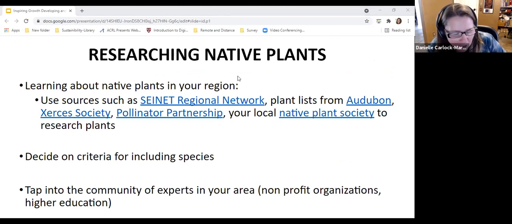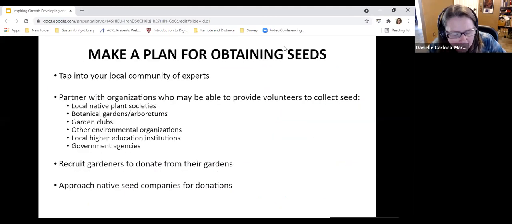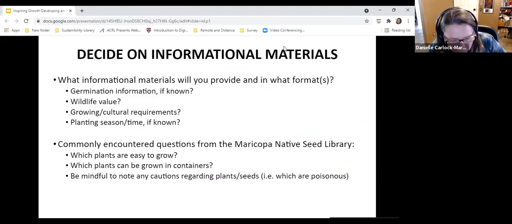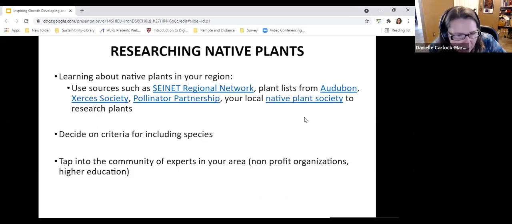The SciNet one for Arizona, New Mexico is pretty well developed. They even have floras down to the level of county, so I can bring up a list of plants that are local to Maricopa County. They also have profiles, maps of the plants, and pictures of the plants. So that's a way to get familiar with what are native plants in my region.